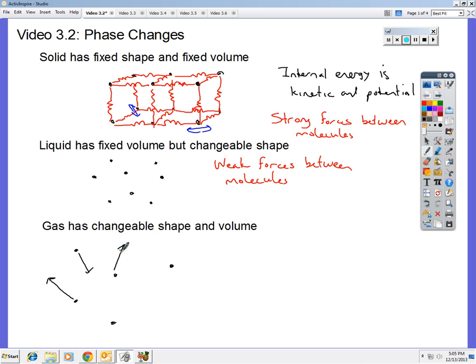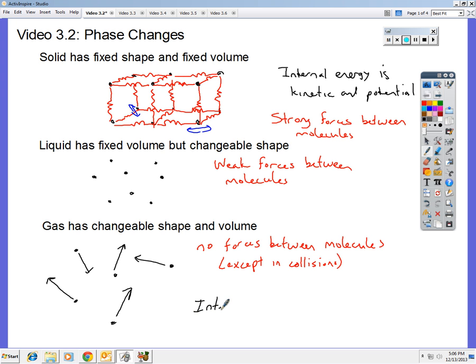And the gas molecules move at relatively high speed, and we say that there are no forces between molecules except in collisions, and also that the internal energy is only kinetic. So there's no potential energy at all.